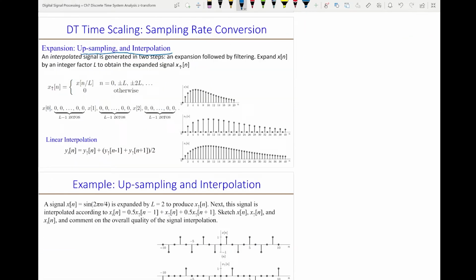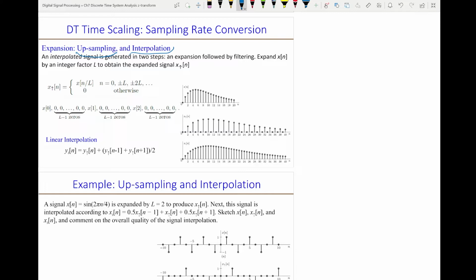upsampling and interpolation. In upsampling, I increase the size of the signal by inserting zeros between the original samples. Now with interpolation, I use some interpolation method to estimate the value of the zeros using the adjacent samples, so the signal will be smooth.